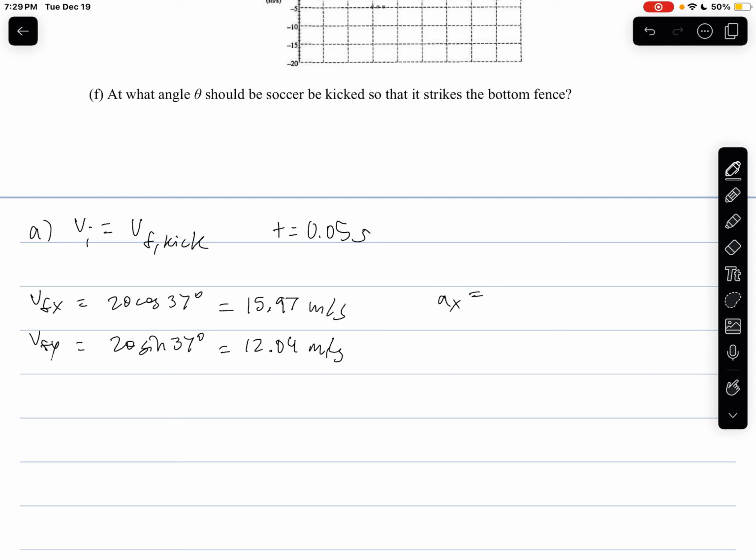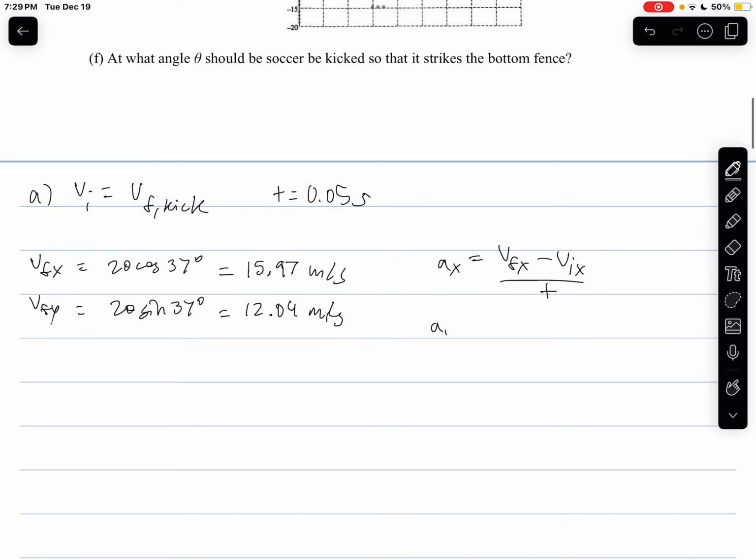And I know that the acceleration in the x is going to be VFX minus VIX over t. And then AY, or the acceleration in y, is going to be VFY minus VIY over t. Both of the VI's for the x and y are 0 because the ball started at rest.